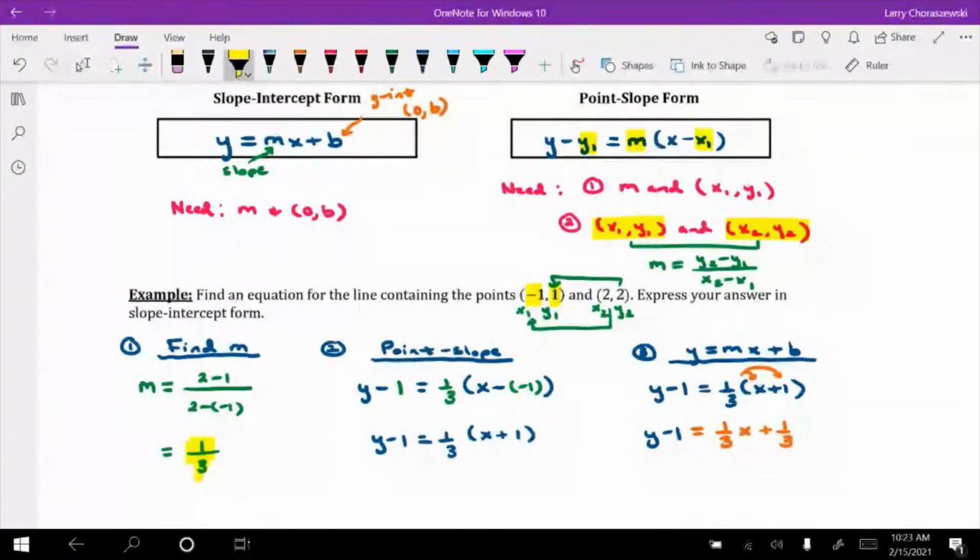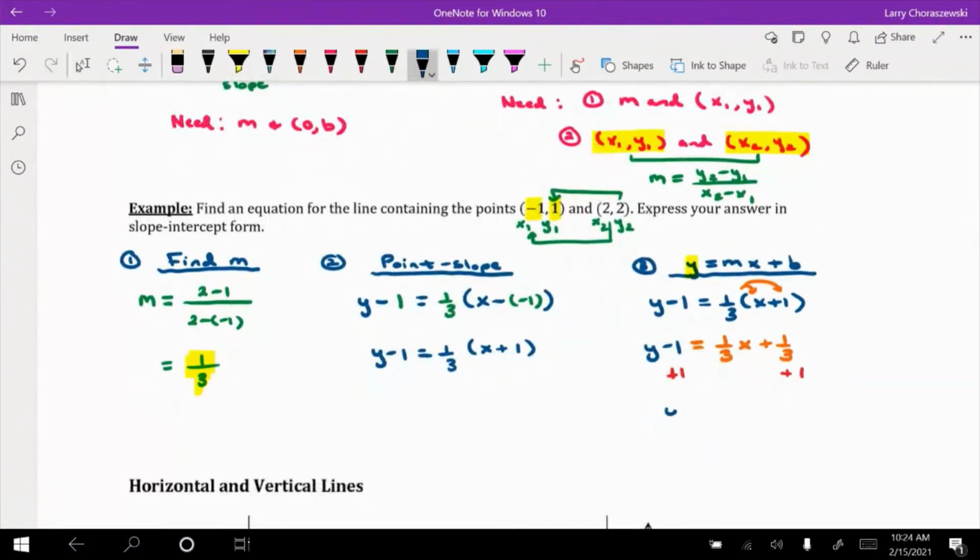Another thing to notice about slope-intercept form is that y is by itself. Our variable y is not by itself, but how could we quickly fix that? We could add 1 to each side, yep. So y equals 1/3 x, and off to the side, let's grind out this fraction work.